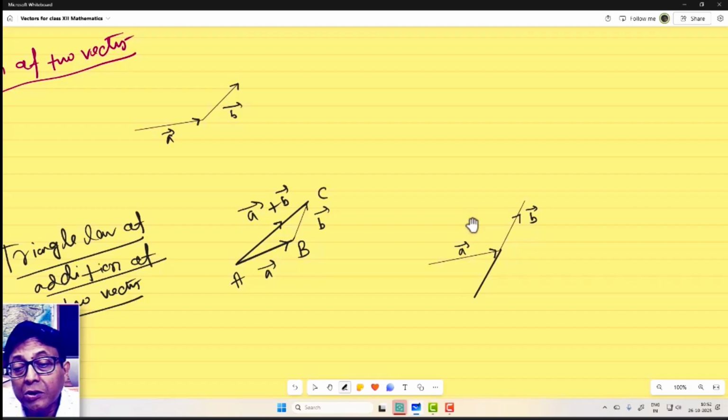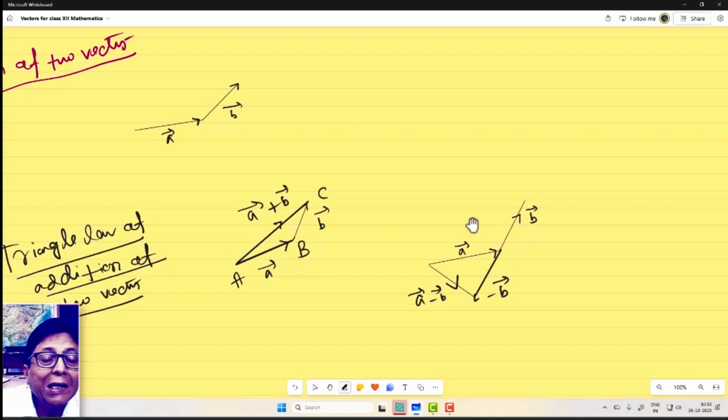Equal magnitude. The magnitude of B and the magnitude of this vector is the same. We refer to this one as minus B. Then this is A, this is minus B. The third side taken in opposite order will represent A minus B. Hope you have understood.